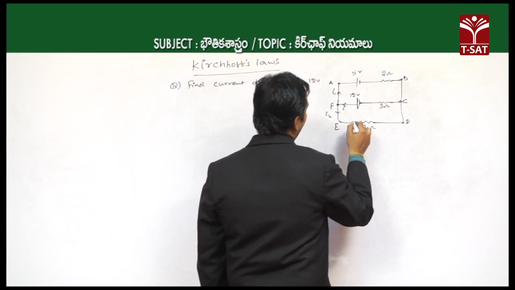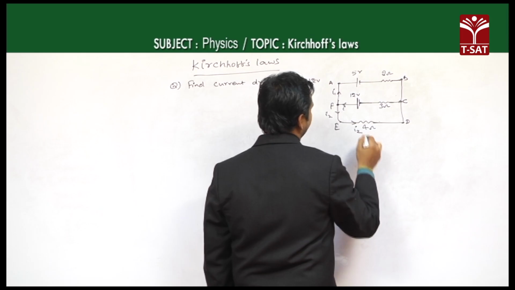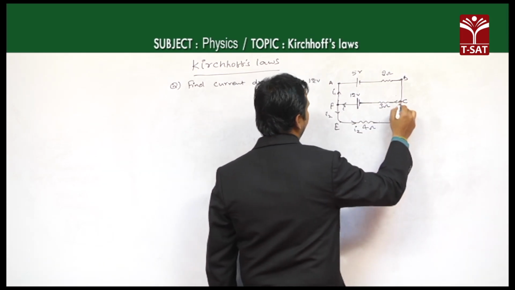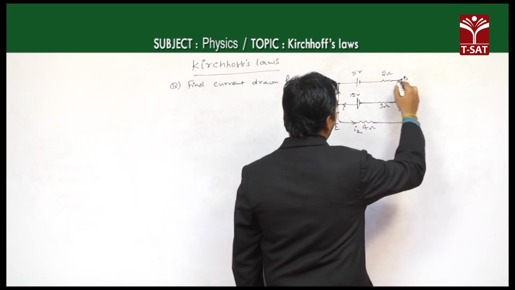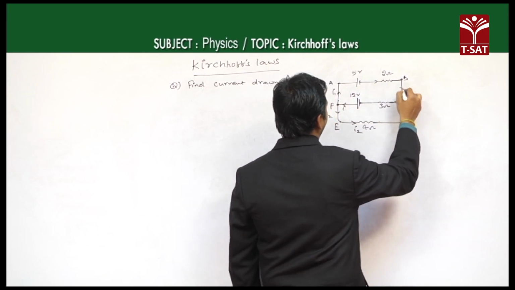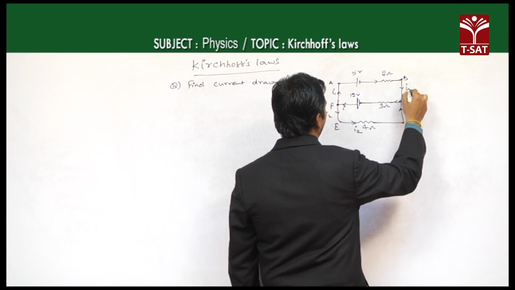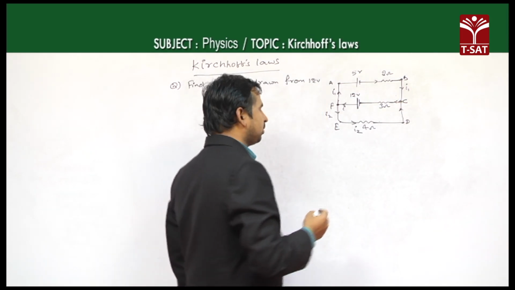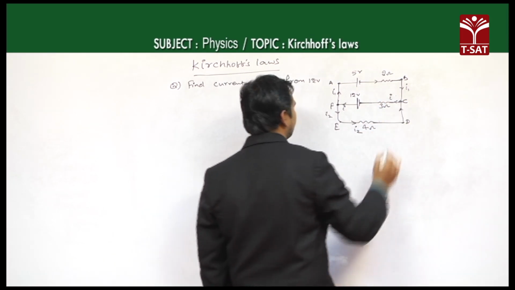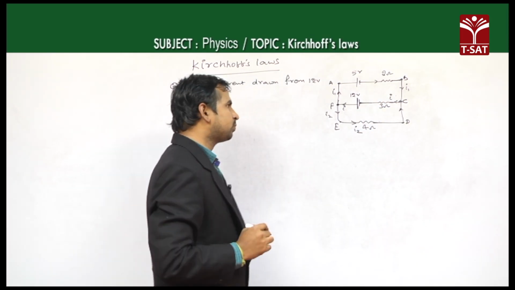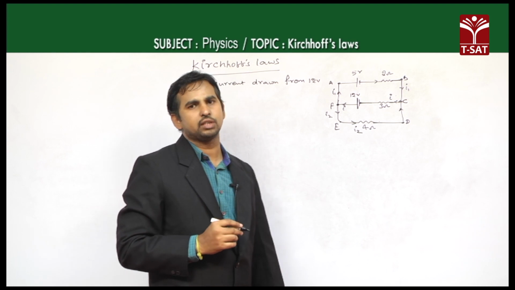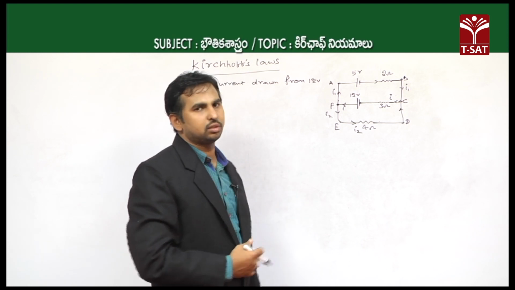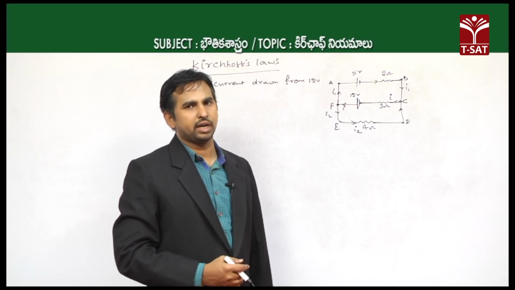Through the 4 ohm resistance the current is I2 and it comes to C, and through the 2 ohm resistance the current is I1 and it comes down. At C both currents combine and pass as I. So finally, through the 12 volt battery the current is I, which is what we have to find.